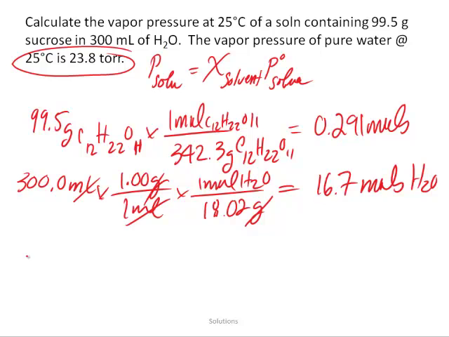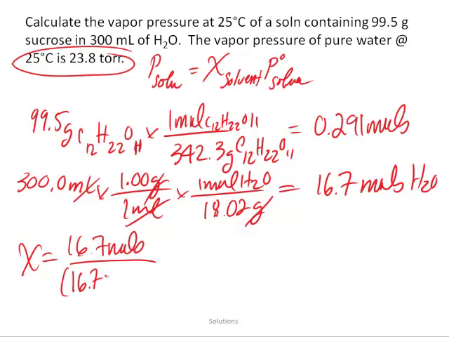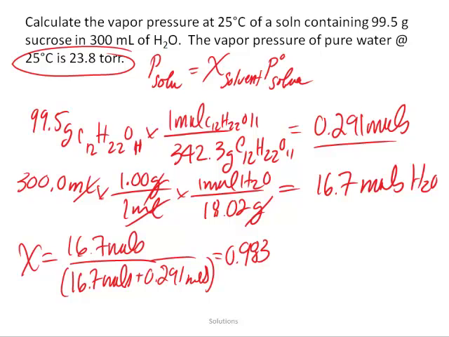Our mole fraction will be equal to 16.7 moles of water over the total, 16.7 moles plus 0.291 moles. That gives us a mole fraction of 0.983.